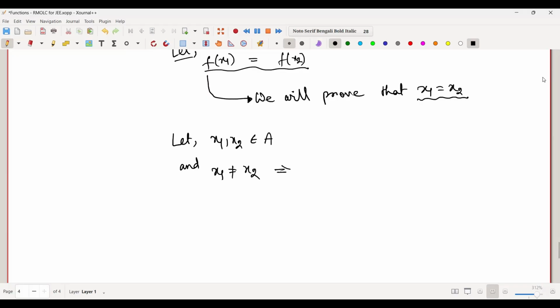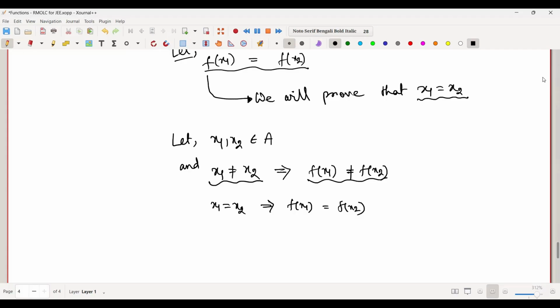That should imply that f(x1) is not equal to f(x2). So if x1, x2 are different elements, then their images should be different, and if x1 equal to x2, that should imply f(x1) equal to f(x2).